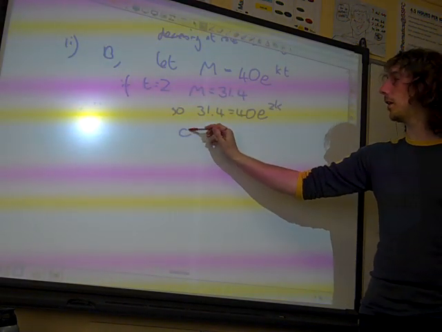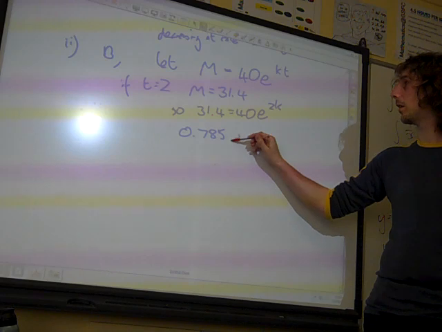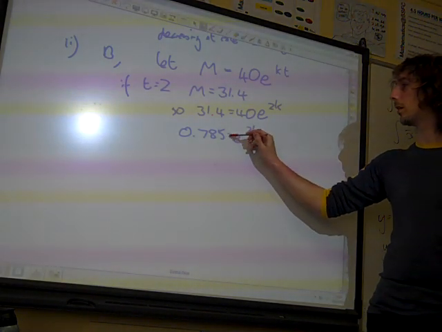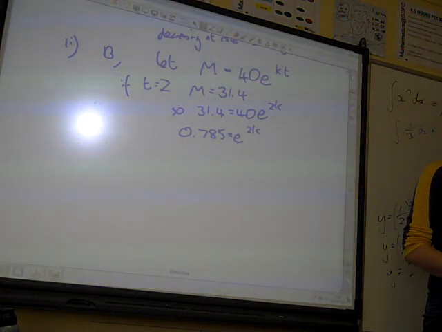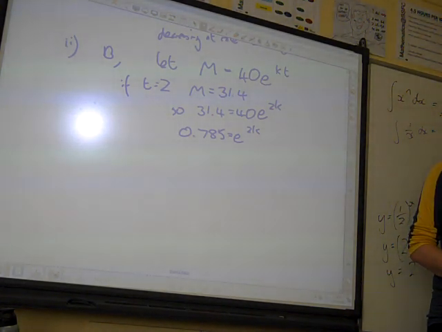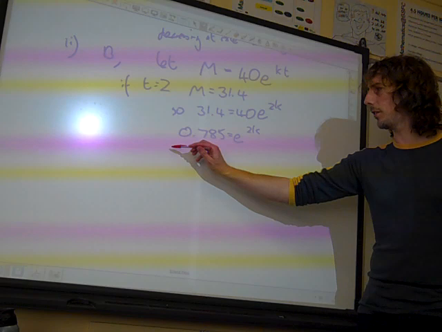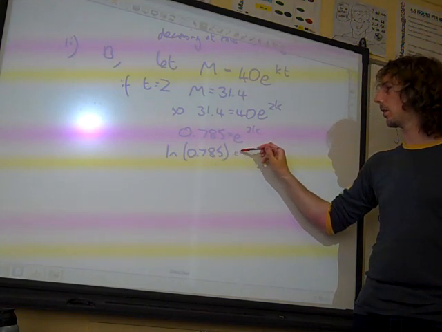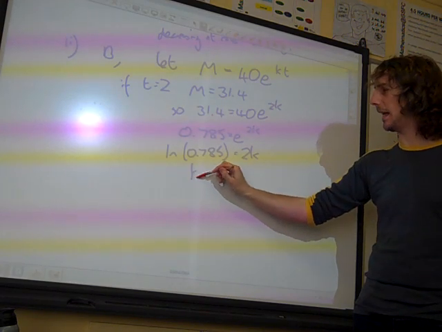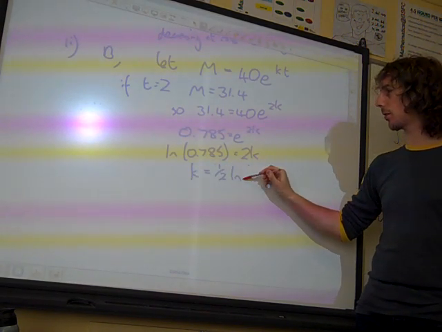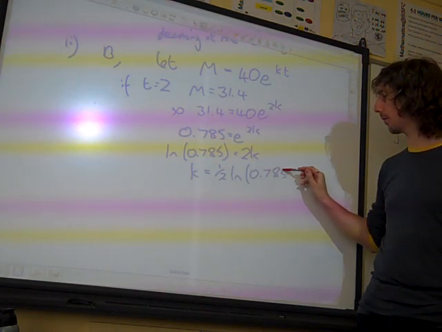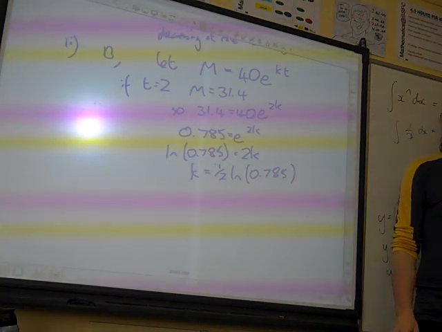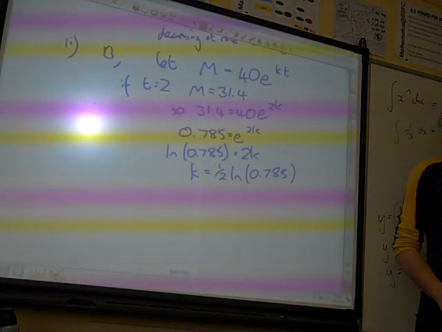Divide by the 40. We've just done this, haven't we? We've just solved this kind of equation. So we take natural log of both sides. So k is a half the natural log of 0.785. And that'll do. I could find it on my calculator if I want, but I'll leave it like that for now.